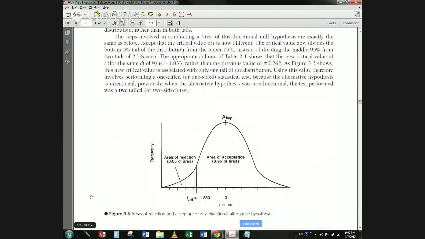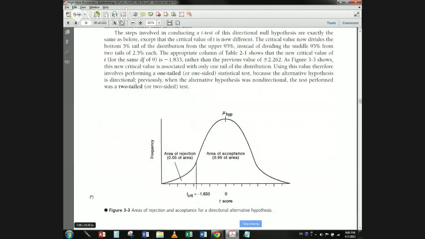The steps involved in conducting a t-test of this directional null hypothesis are exactly the same as before, except that the critical value of t is now different. The critical value now divides the bottom 5% tail of the distribution from the upper 95%.